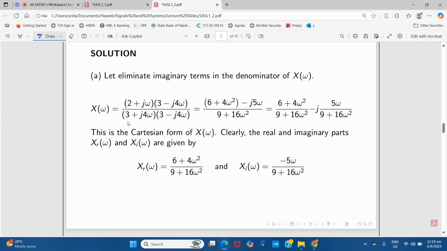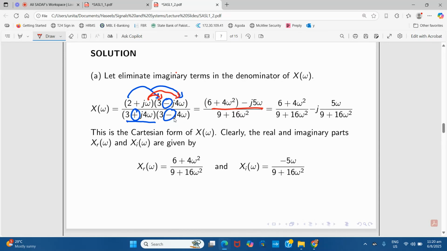With the conjugate, where there is plus you just put minus, and you multiply and divide both terms. Then you multiply this 2 with 3 and this 2 with minus j4w. Similarly, you multiply jw by 3 and then by this. After solving, you will get the denominator like this and the numerator like this.